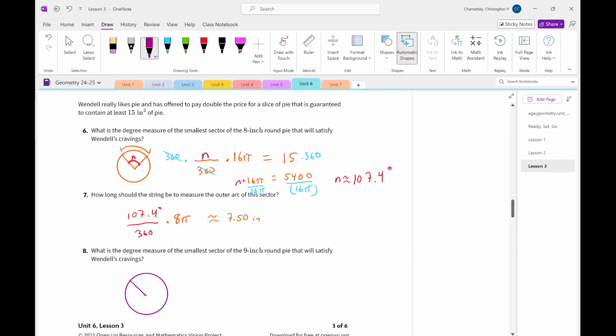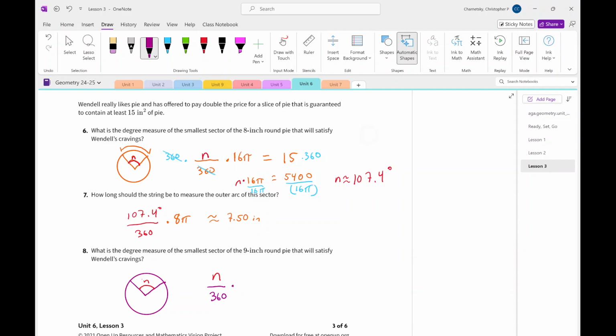So our bigger slice, we don't know that angle. So we're going to take that angle out of 360 and multiply it times the area of the whole pie.